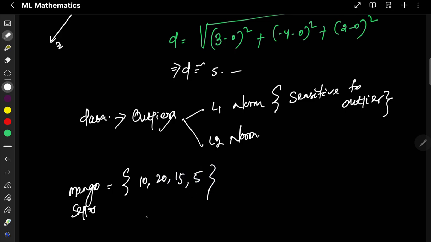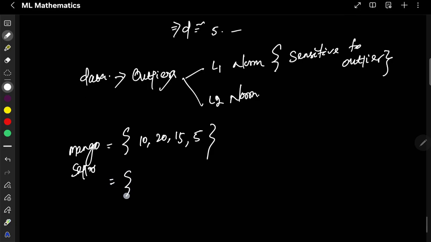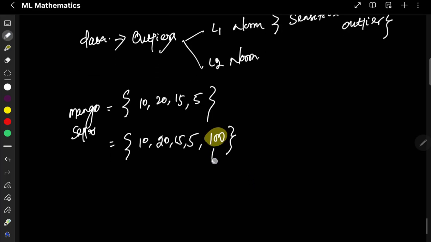Okay, you are selling mangoes in this range. The moment your mango selling price becomes like this, don't you think this one seems like an outlier to this whole process? Because this is never going to happen always, the price difference.